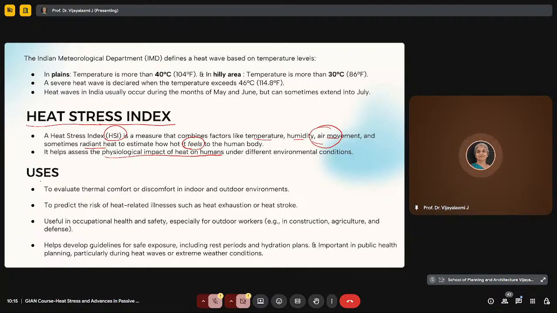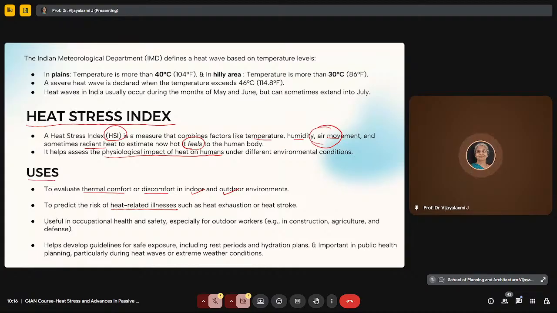So why do we use heat stress index? To evaluate thermal comfort or discomfort in indoor and outdoor environments. Also to predict the risk of heat related illnesses such as heat exhaustion, heat stroke, or even fatality.